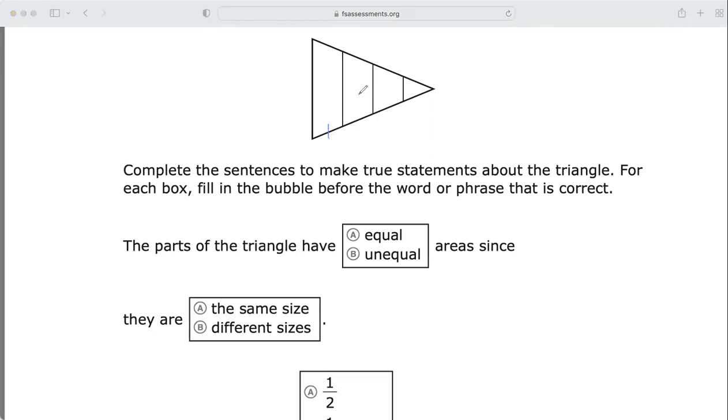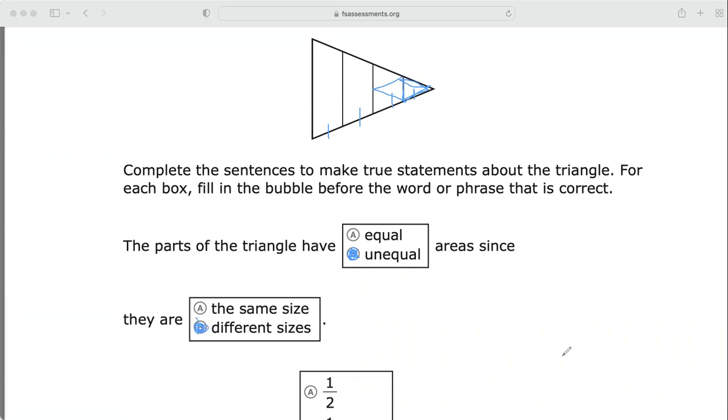And then this portion is smaller, right? And then this portion is smaller than that. And then this is the smallest area. So they're unequal. They're definitely not the same because you could fit a lot of this tiny triangle into the other ones. Okay, so they're unequal because they are different sizes.